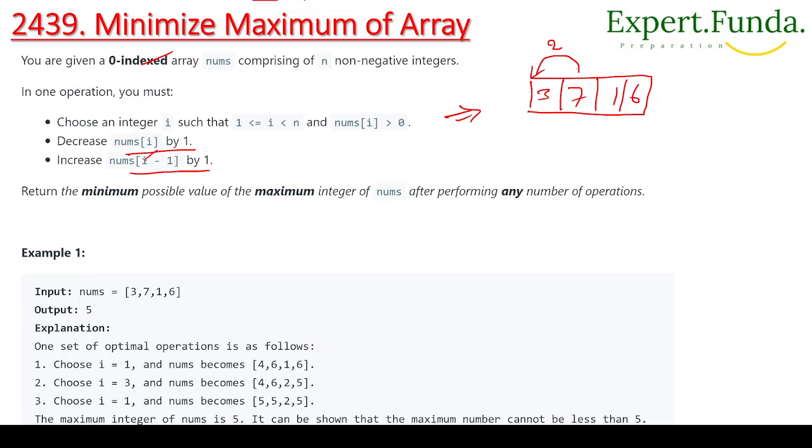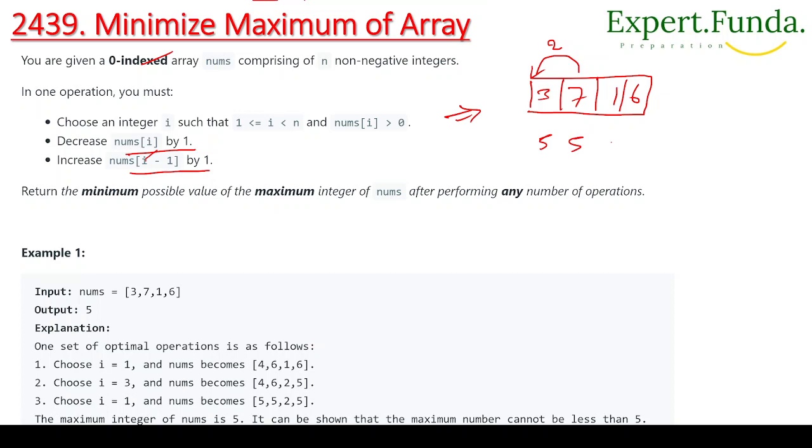If you decrease this 7 by 2 and increase this 3 by 2, it will become 5. So 3 plus 2 is 5, and 7 minus 2 is 5.